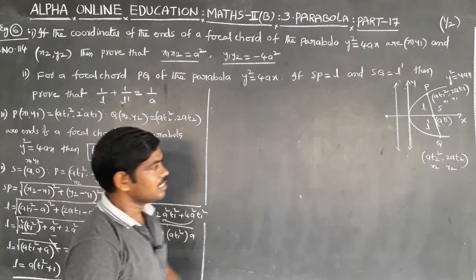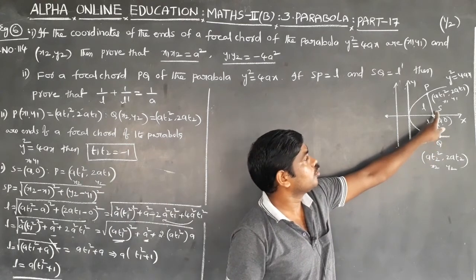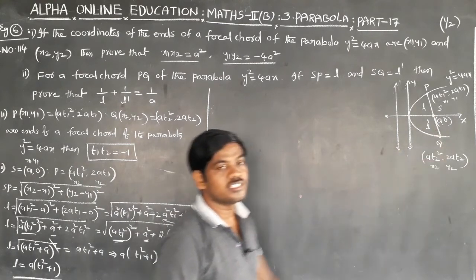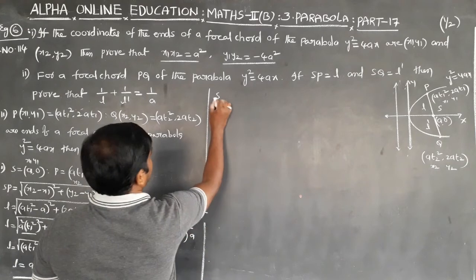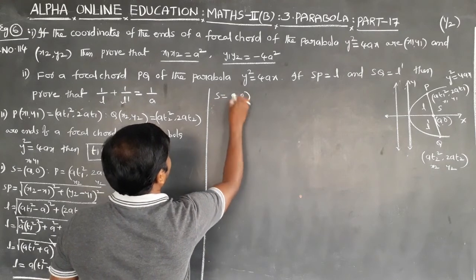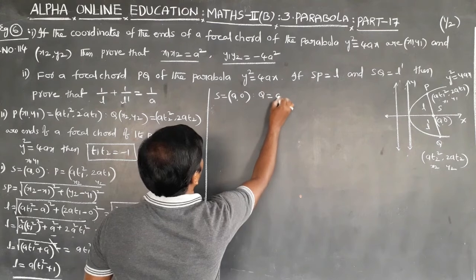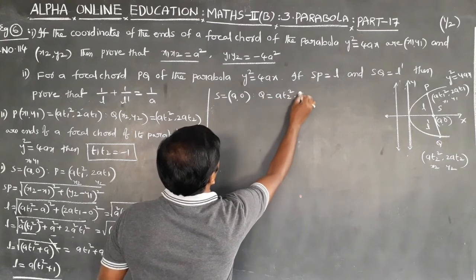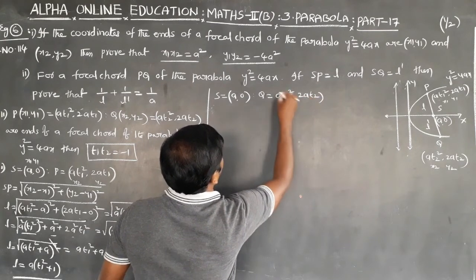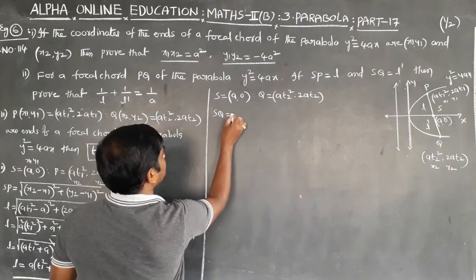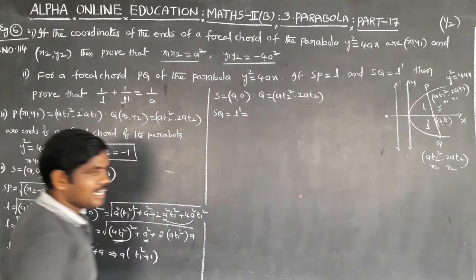Second one is the distance between the 2 points, SQ is equal to L dash. S is the point (a, 0), Q is the point (a t2 square, 2a t2). Here SQ is equal to L dash.